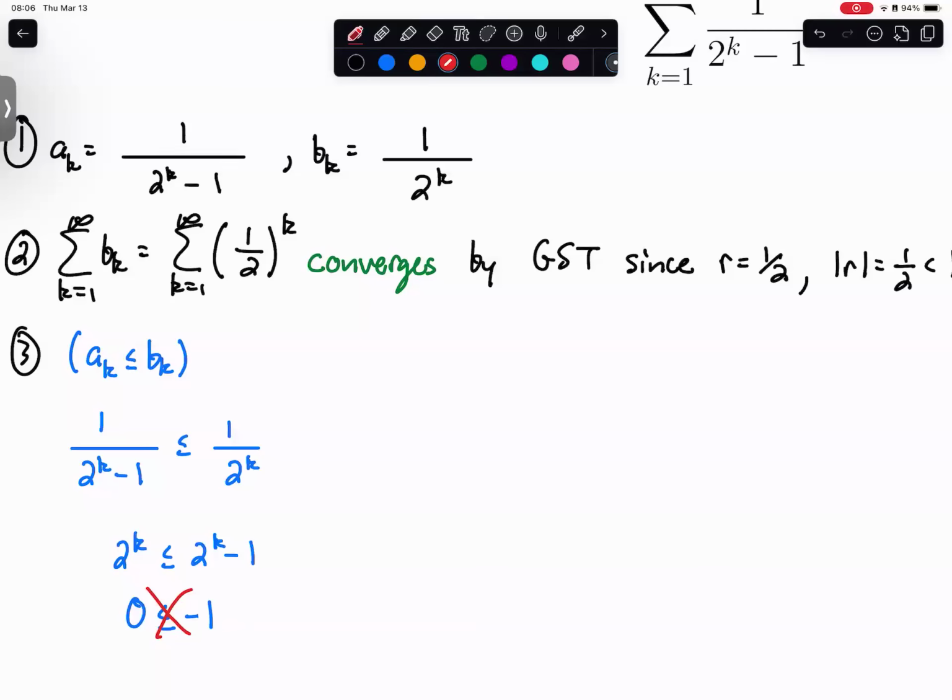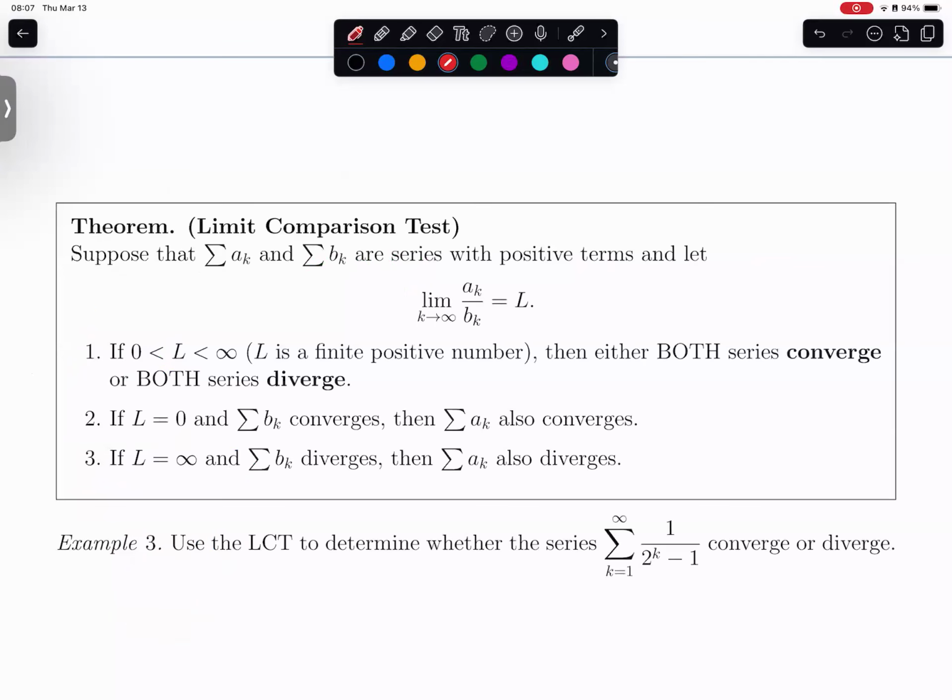So that's why we need to have another comparison test to help us out here. And that leads us to our new type of comparison test, which is called the limit comparison test. Let's go through how this test is stated to understand what it says.